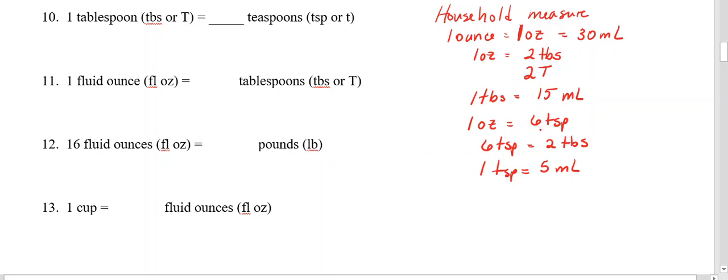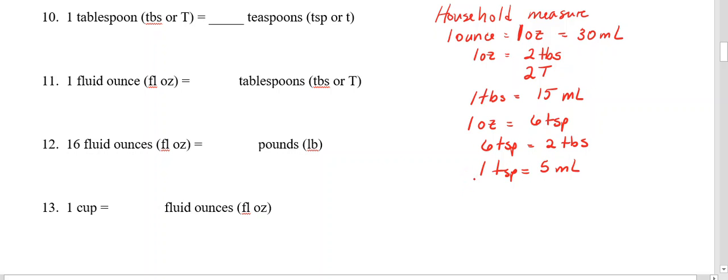My 1 ounce equals 6 teaspoons, and 1 ounce is 30 milliliters. I divide 30 by 6, then I know that 1 teaspoon is 5 milliliters. So make some connections here. 6 teaspoons equals 2 tablespoons.